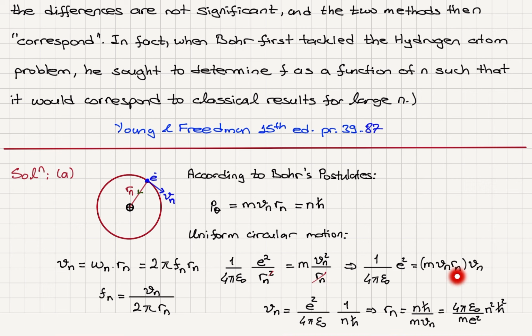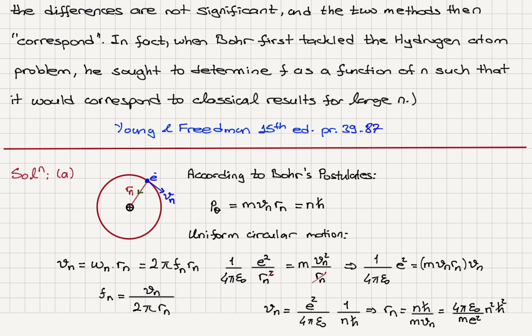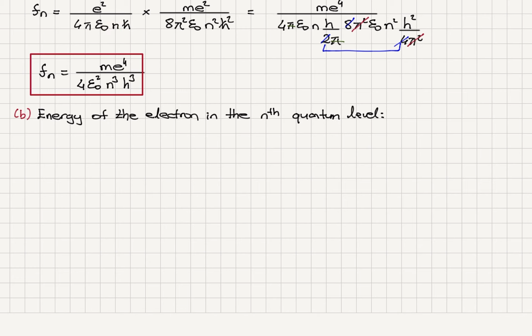So from this equation, recognizing mvr is n h bar, we obtain v, and then r is equal to n h bar over mv. So we substitute for v this expression, so we find r, and the frequency is v over 2 pi r. So we substitute v and r that we have calculated to this expression and find that the frequency of the nth orbit is indeed given by the suggested expression.